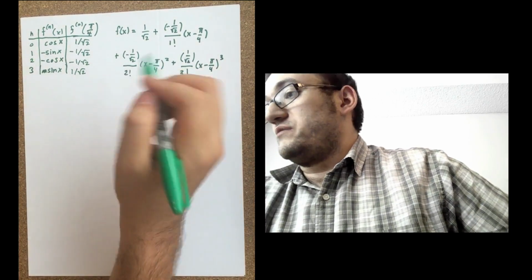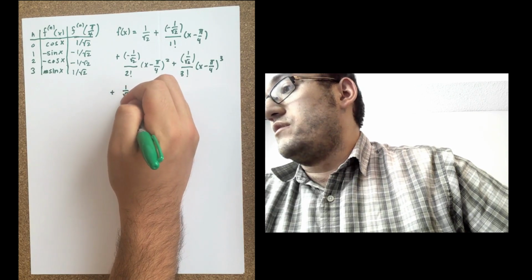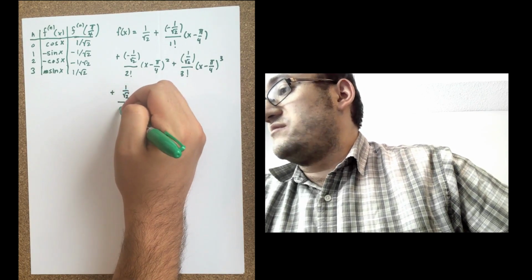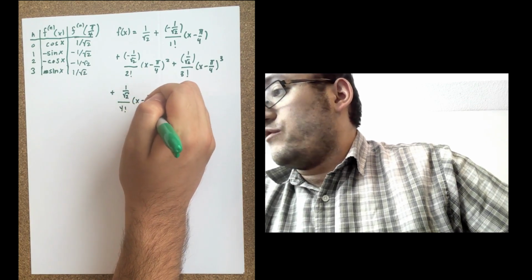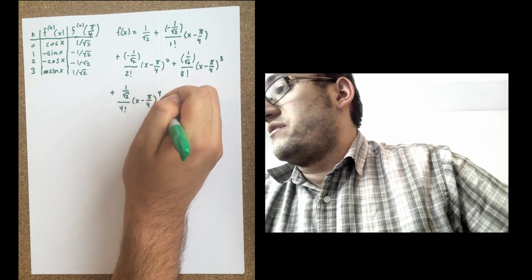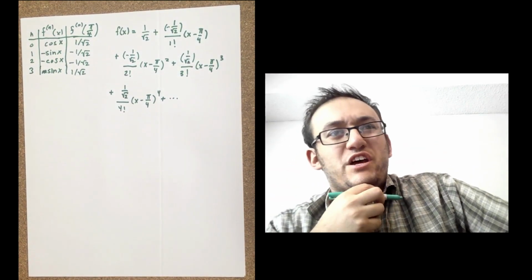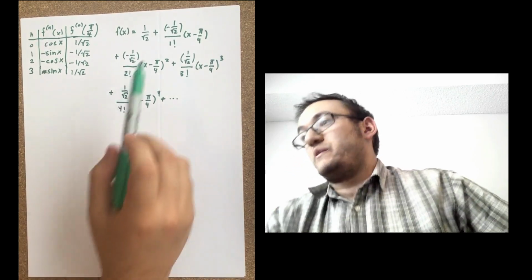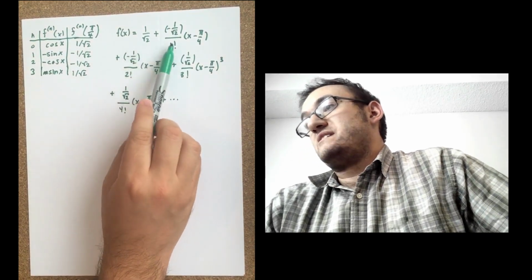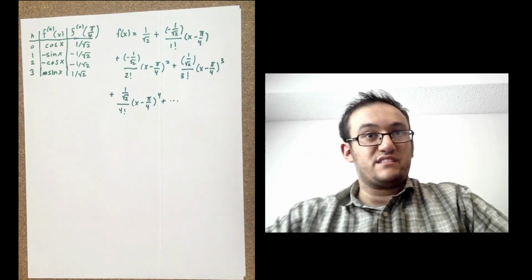And so on, we'll do one more, plus 1 over square root of 2 divided by 4 factorial times x minus pi over 4 to the 4th, etc. So how would I write a general term for this? It's not quite alternating because we have positive, negative, negative, positive, positive, negative, negative, positive, positive, negative, negative, etc.